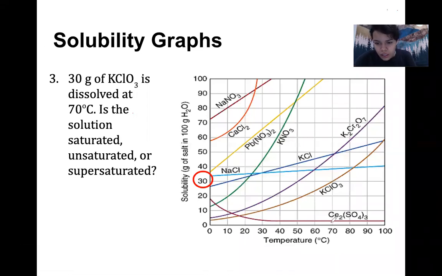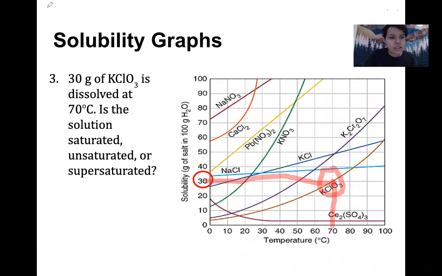If we trace it up on both sides, we see that it intersects. So the solution is going to be saturated because it's perfectly on the intersection.